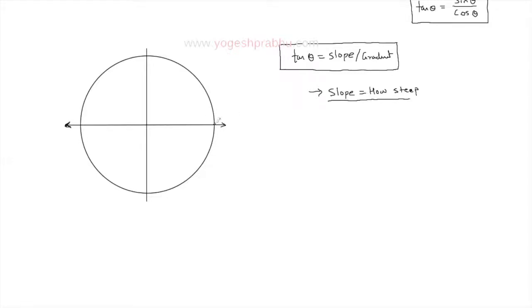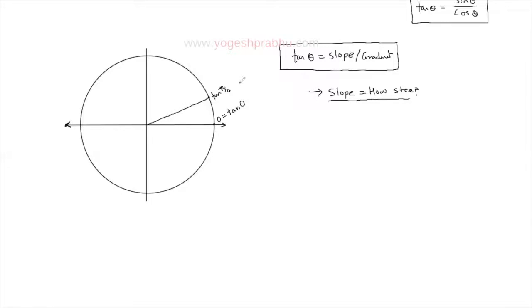And if the slope is 0, so is tan. So when you want to find out tan of 0, the answer is just 0. Now understand the slope of this line. Let's just say this is 30 degrees. When the angle is 30 degrees, tan of 30, we will say tan pi by 6.